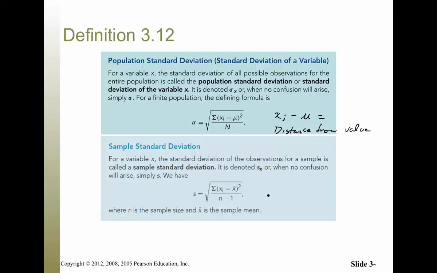But here's the deal with this. Population standard deviation is called unadjusted.